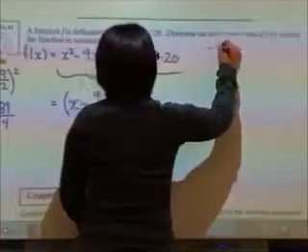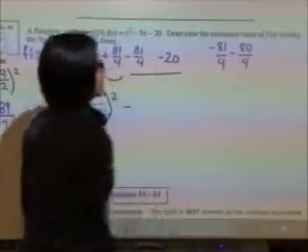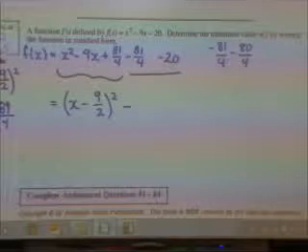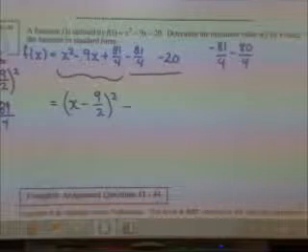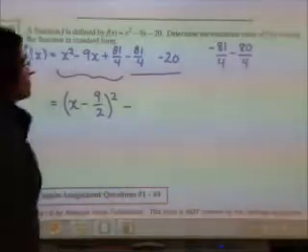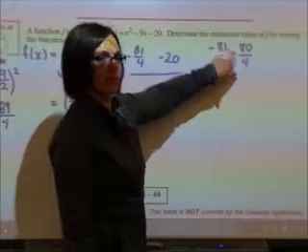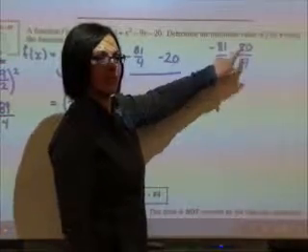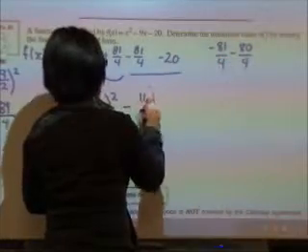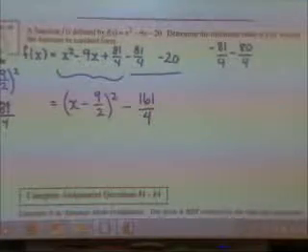So this is a minus 81 over 4 and a minus 80 over 4. So what do I get when I combine them? 1/4. No, because they're both negative. So it would be like negative 161 over 4. Yes. Which you could use your calculator to add the two fractions.